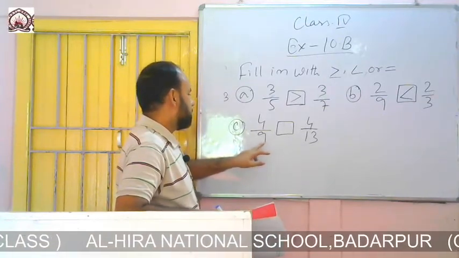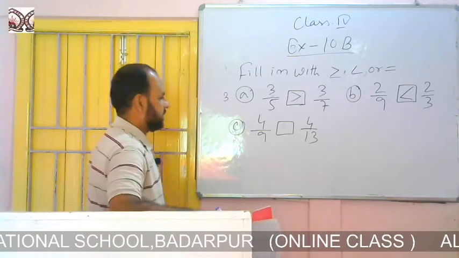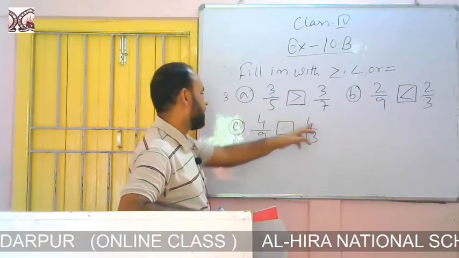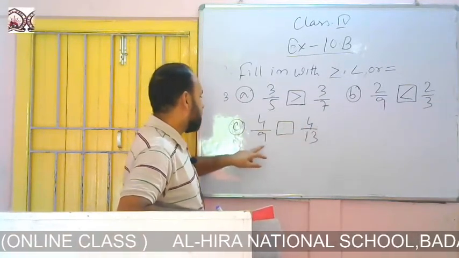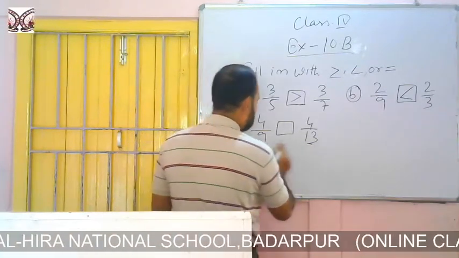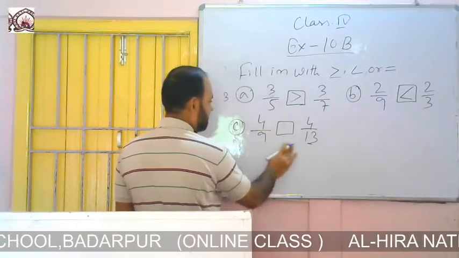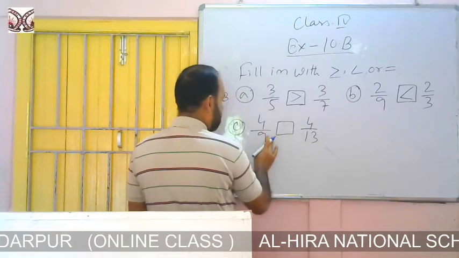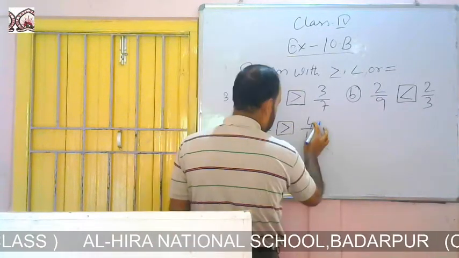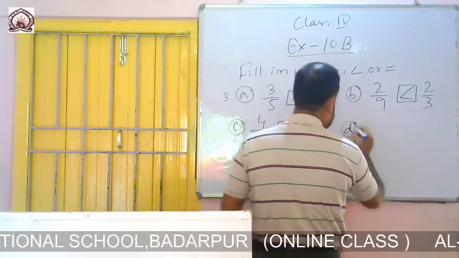So we know the smallest denominator is the greatest, because the numerators are the same. Here 9 is less than 13, so this fraction is bigger. 4 by 9 is more than 4 by 13.